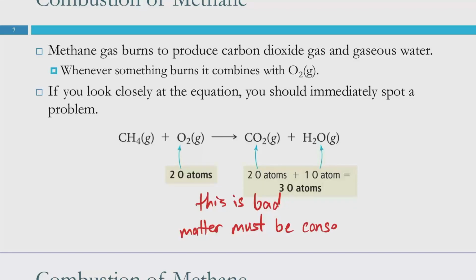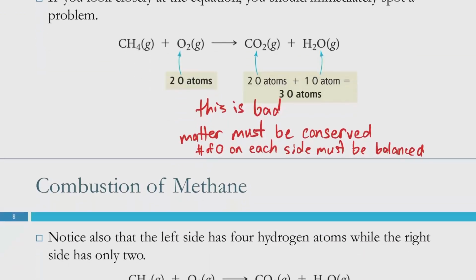So we have to have an equal number of oxygen atoms on the left side as we do on the right side. Number of O on each side must be balanced. And we'll get into how to do that in a bit.